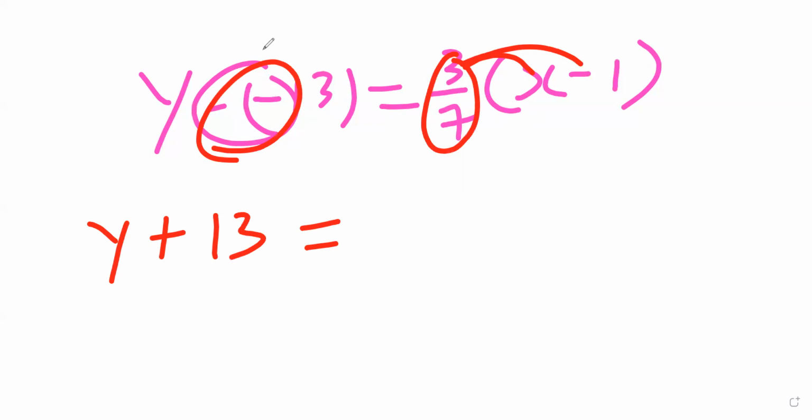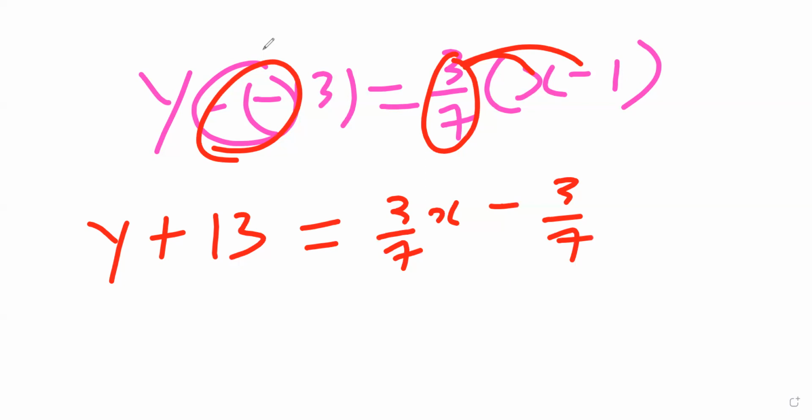If I have 3 over 7 times x, I will get 3 over 7 x. If I multiply 3 over 7 by negative 1, I get negative 3 over 7. Remember, when you multiply a negative by a positive, you get a negative. If you multiply a positive by a positive, you get a positive.